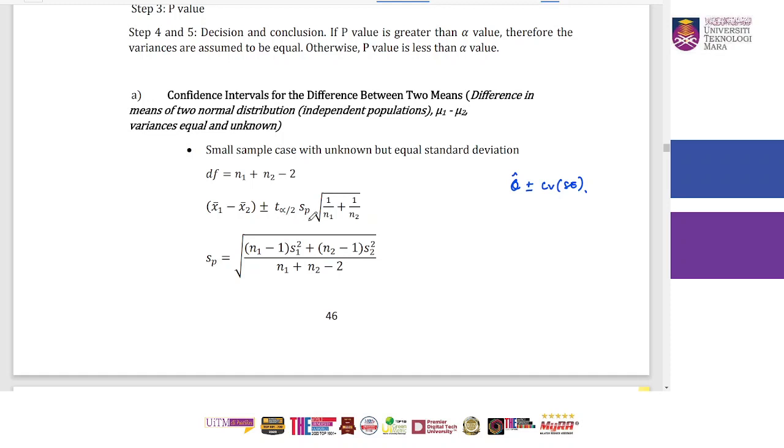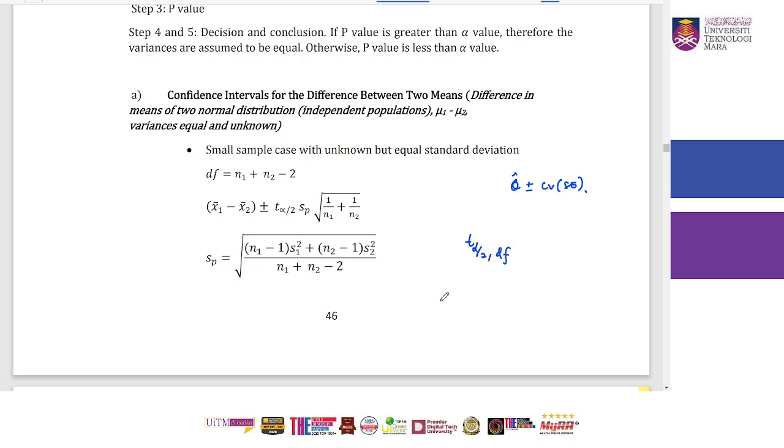Okay, so remember here the critical value is actually this part, sebenarnya bukannya t alpha over 2 only, but actually the correct way to write the critical value is t alpha over 2 with the degrees of freedom.